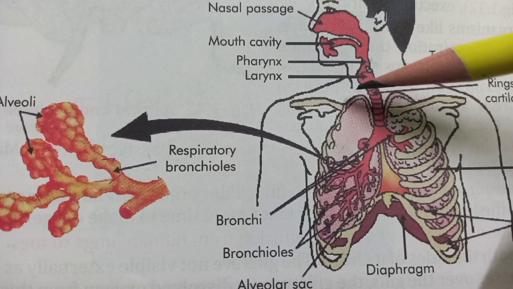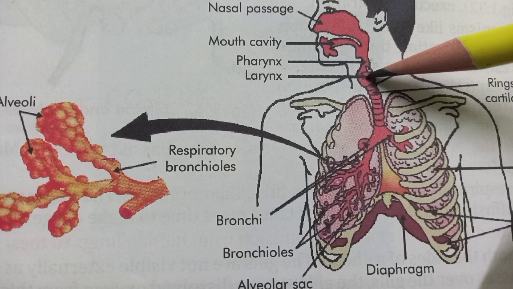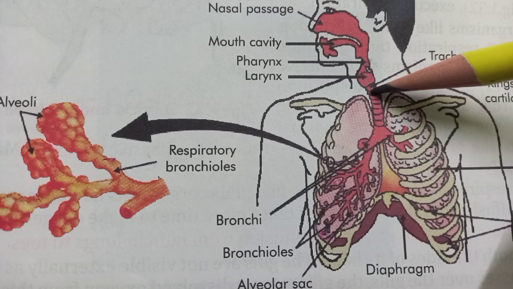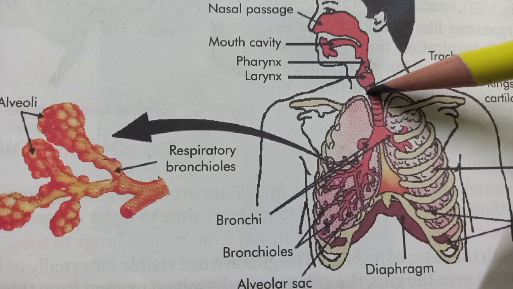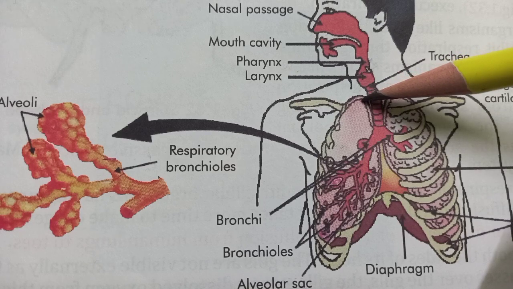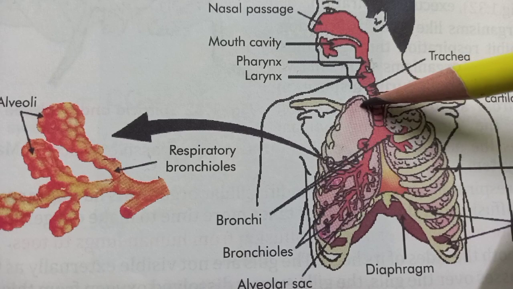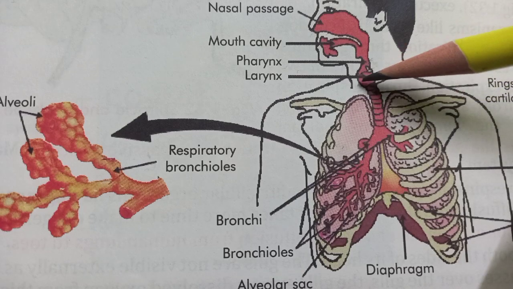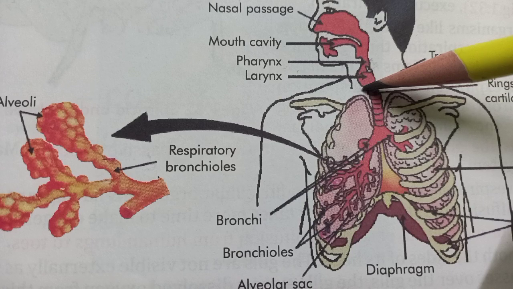Internally, the larynx is lined by stratified columnar ciliated mucous epithelium. Cilia beat outward to eject unwanted particles. Okay, and the larynx has a membranous fold which extends between thyroid and arytenoid cartilage. Vocal cords are flaps containing elastic fibers, which are also present here.